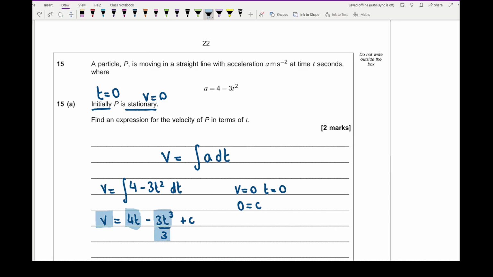That must leave c to be 0. So let's tidy up the expression. So for velocity, it would be 4t minus t cubed, cancelling the times by 3 and divide by 3.